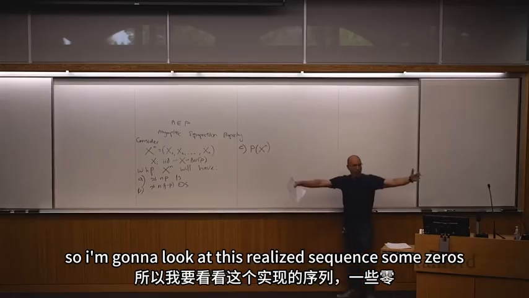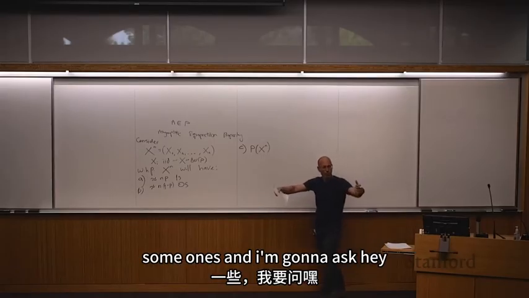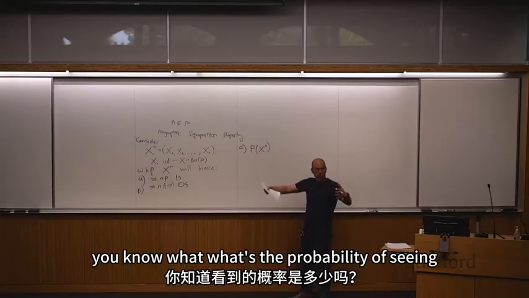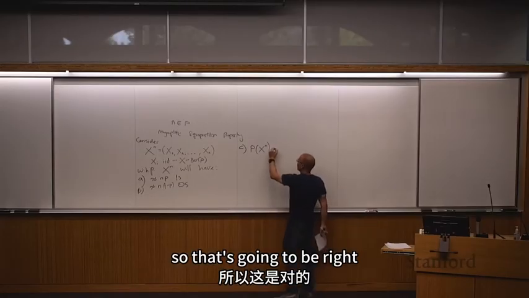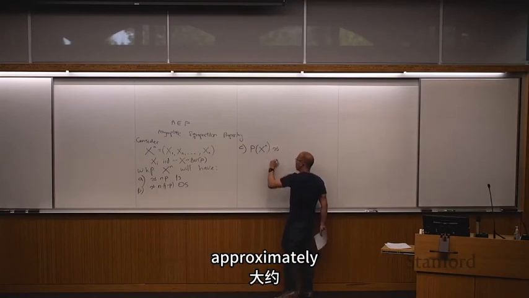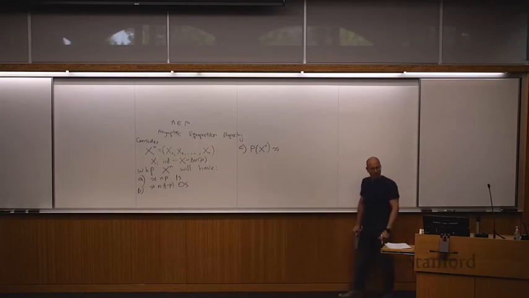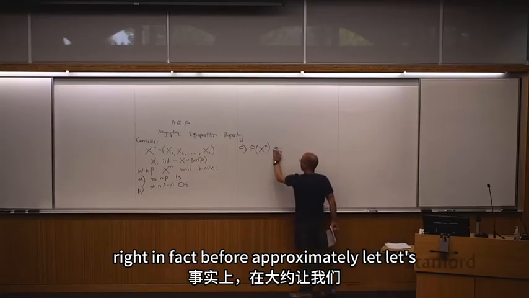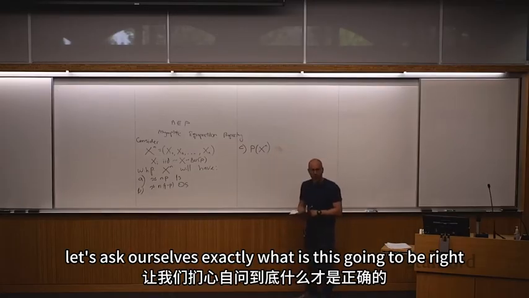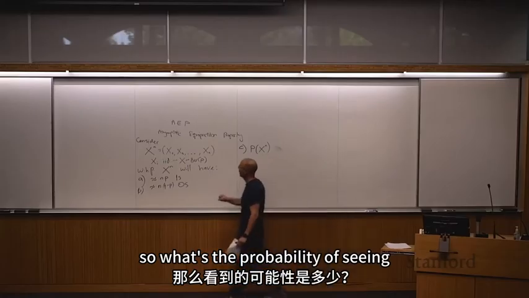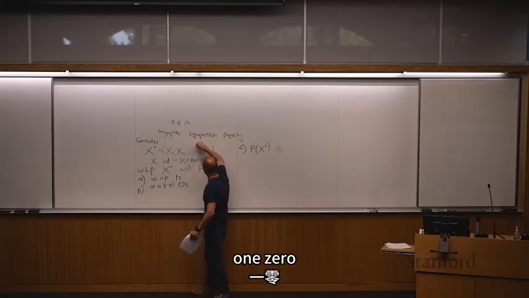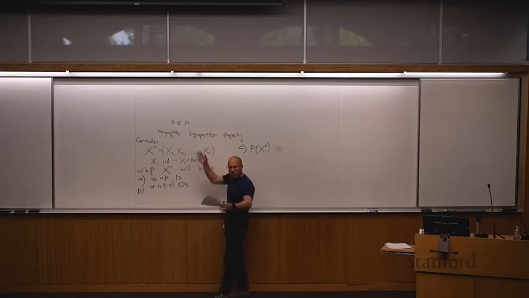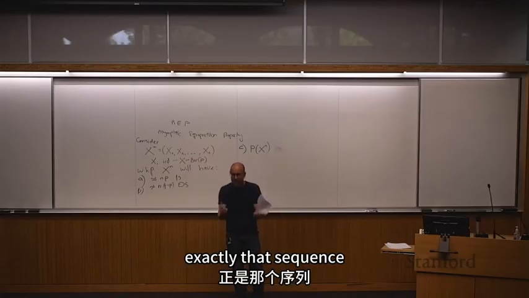So I'm going to look at this realized sequence, some zeros, some ones, and ask, what's the probability of seeing such a sequence? Before approximately, let's ask ourselves exactly what this is. What's the probability of seeing some particular sequence like 0, 0, 1, 1, 0, 1, 1, 0? What's the probability of seeing exactly that sequence?